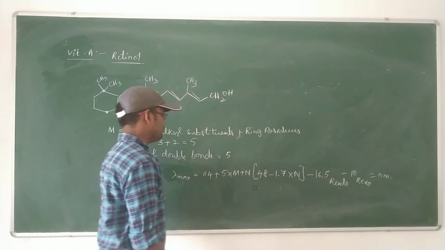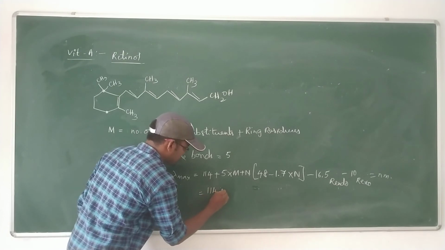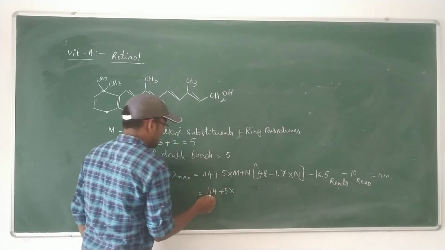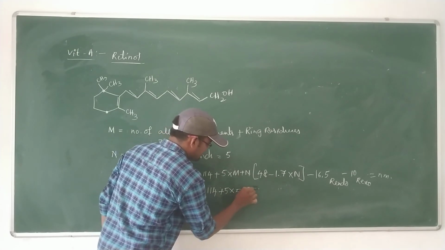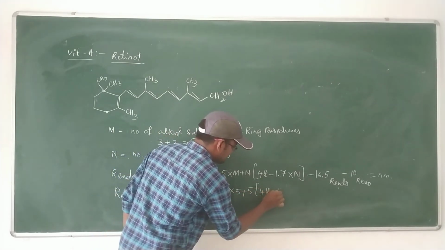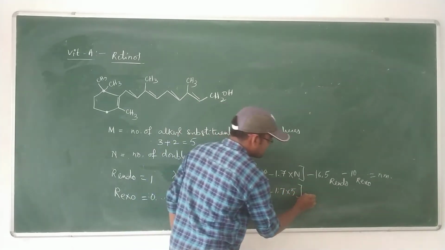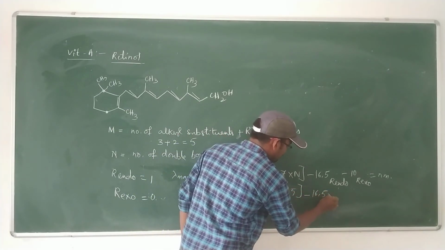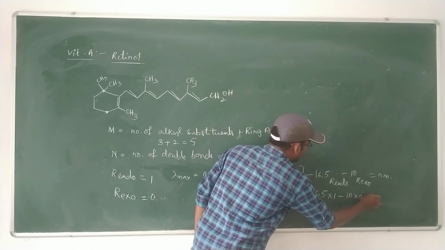Now substituting the values: 114 plus 5 into m, means 5, plus n means 5, 48 minus 1.7 into 5, minus 16.5 into 1, minus 10 into 0, is equal to nanometers.